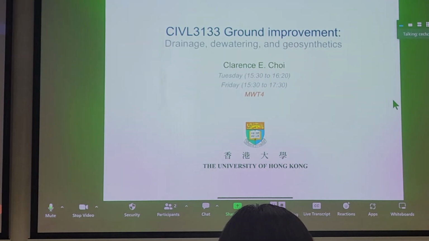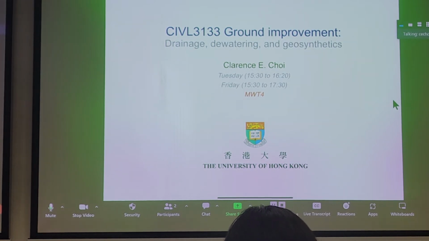So, the transitional topic I want to go to today, in between deep cement mixing and grouting, is drainage, dewatering, and geosynthetics. I just want to tell you what these are because they're so commonly encountered in Hong Kong in the geotechnical industry.